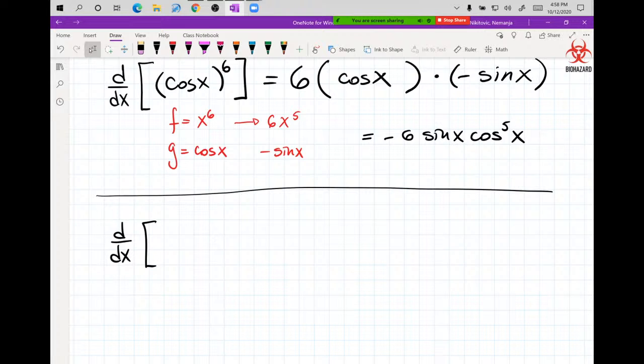Let's take a look at another problem. Square root of x cubed minus 2x. There we go. So, can anyone tell me what my outer function is and what my inner function is?